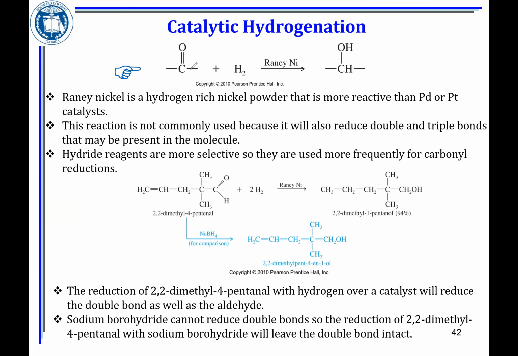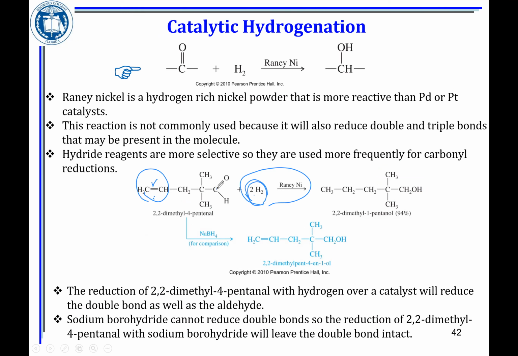When would you use hydrogen versus sodium borohydride? If you use hydrogen with Raney nickel, this is a strong reducing agent, and that is going to destroy all double bonds. It would saturate. If you want to maintain the double bond, you cannot use H2.